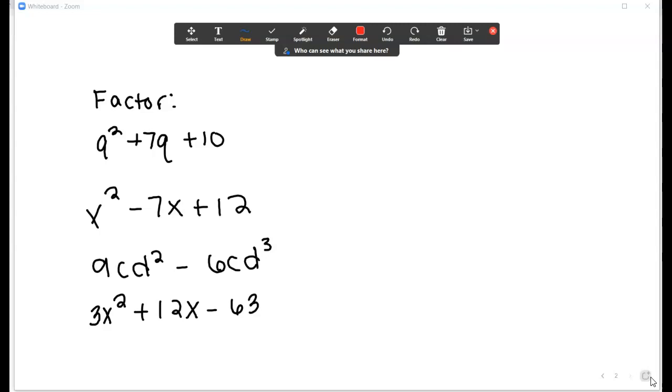Okay, let's go over our answers. So in number 1, just to reiterate the magic X, it's the first number times the last. So in this case, it's 10 over the middle number, which is 7. So it'd be 2 numbers that multiply to 10 and add to 7, which are 5 and 2.